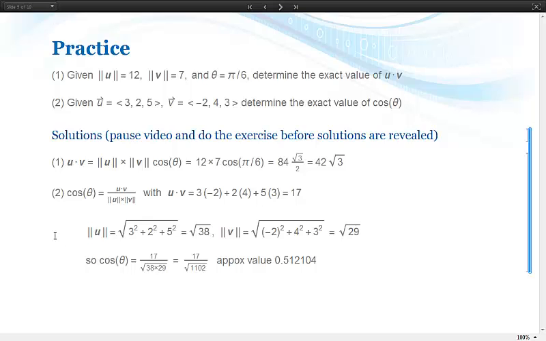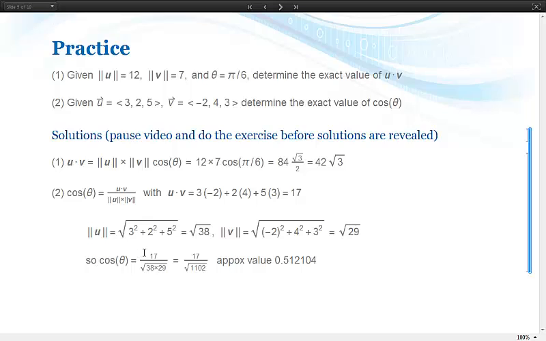And then the length of the first vector is the square root of the sum of the squares of the coordinates. So 3 squared plus 2 squared plus 5 squared is the square root of 38. And the length of the other vector is the square root of the sum of the squares of the elements. So negative 2 squared plus 4 squared plus 3 squared, that's the square root of 29. So we can put it all together.